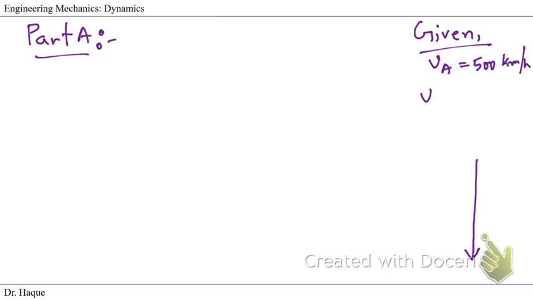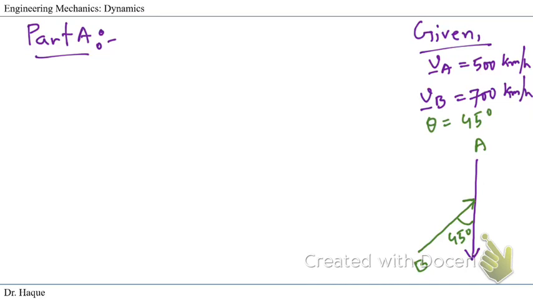The velocity of B is also given, which is 700 kilometers per hour, in a different direction. It's a different plane, so this is A and this is B, and this angle is 45. So the angle theta is also given, which is 45 degrees. So these things are given.